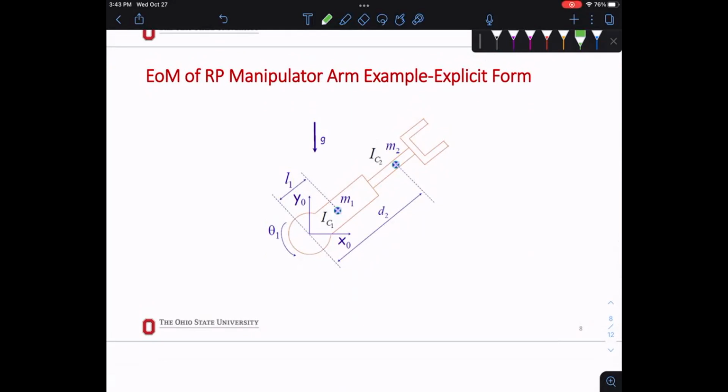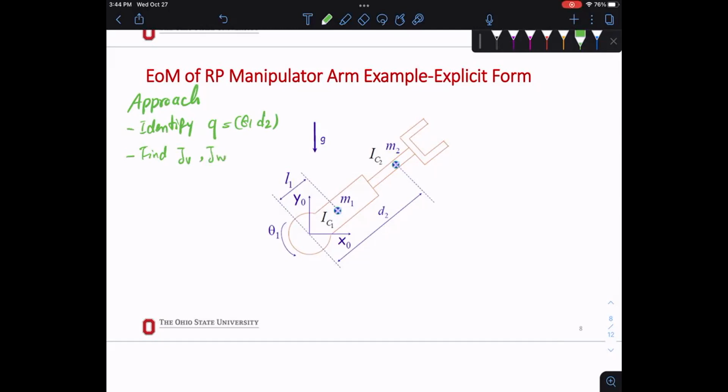Now, before the mass matrix, what do you need to do? Jacobian, right? And before the Jacobian, what is the little thing you need to do? Identify your Q, which here is theta 1, d2. Now find JV and J omegas.